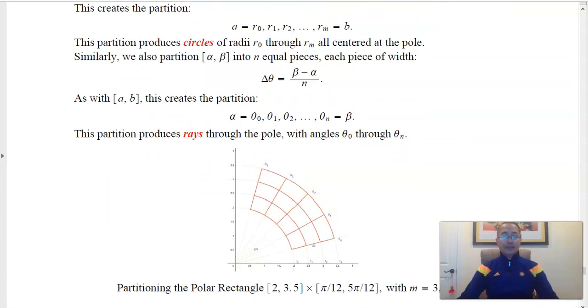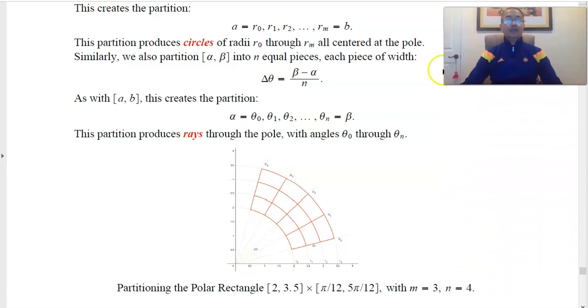So in this picture, what we did was we have a polar rectangle, r going from 2 to 3.5, and theta going from pi over 12 to 5 pi over 12. Okay, so why funny numbers? Well, I wanted to subdivide into 3 pieces along the polar axis, so our delta r is just 1/2.